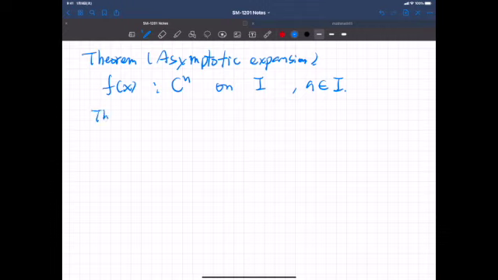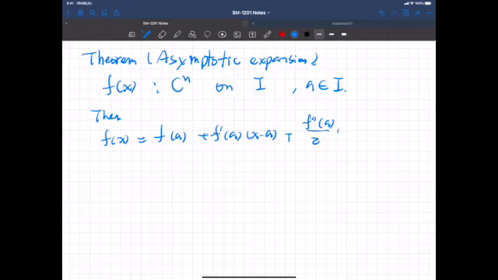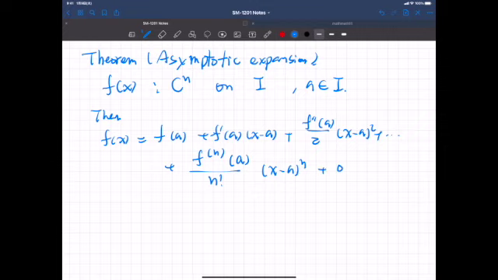Then we have f of x equals f of a plus f prime of a times (x minus a), plus f double prime of a over 2 times (x minus a) squared, and so on, up to the nth derivative of f at a over n factorial times (x minus a) to the power of n, plus little o of (x minus a) to the power of n as x approaches a.